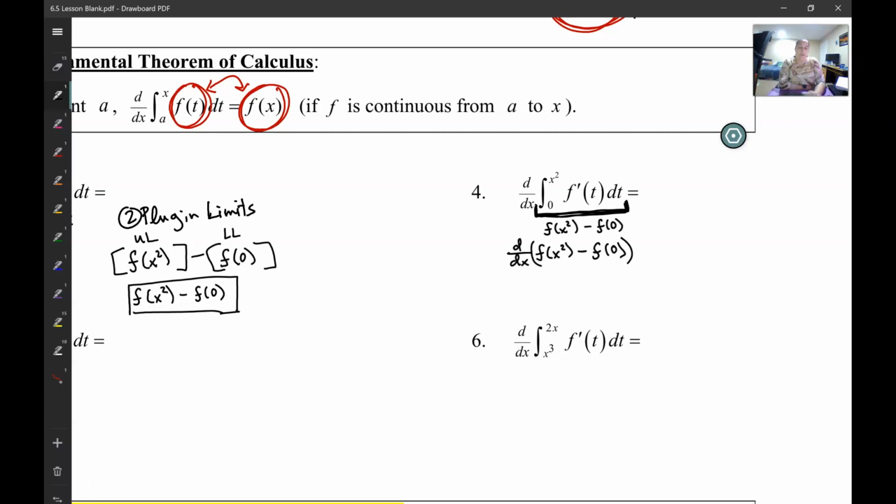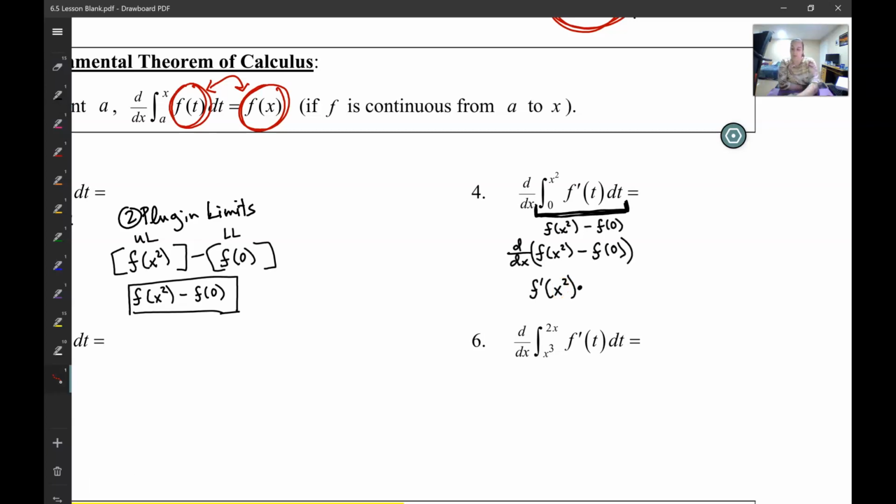So first off, the derivative of f of x squared. Well, the derivative of f is going to be f prime of x squared. Now, here's the careful part. This is a chain rule derivative. I took the derivative of the outside. Now I need to multiply by the derivative of the inside.